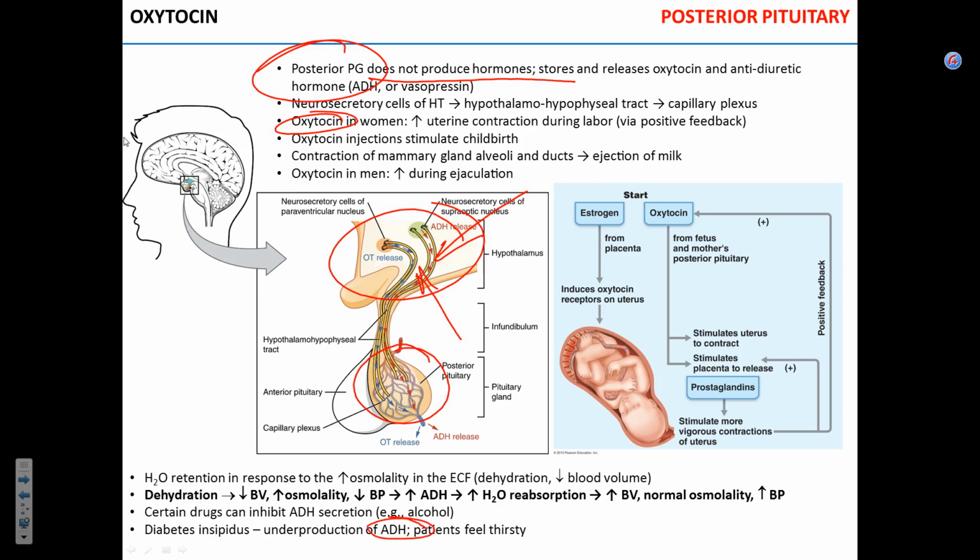Okay? They release these hormones inside the tissue of the posterior pituitary. There, those hormones are picked up by the bloodstream and enter the general circulation. Does that make sense to you?